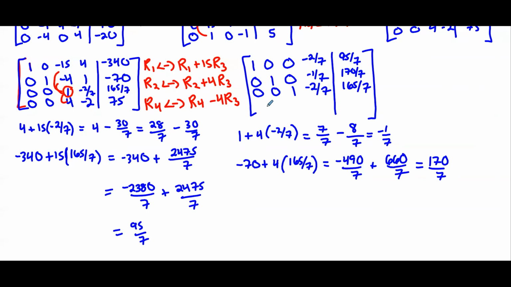Okay, row 4. Going to subtract 4 row 3. 0, 0, 0. Then I've got negative 2 minus 4 times negative 2/7. It's negative 14/7 plus 8/7. That's negative 6/7.